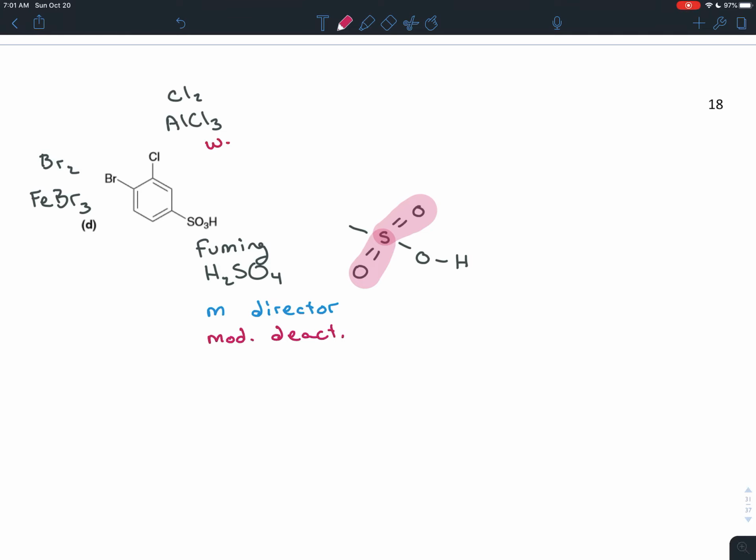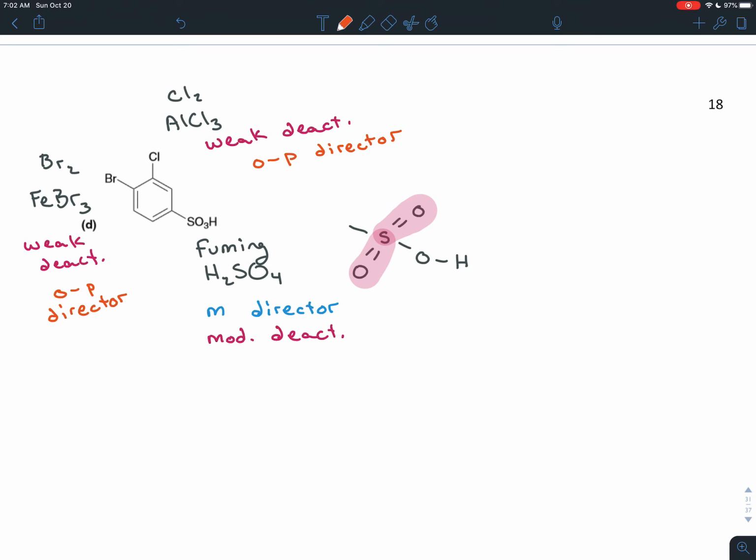The chlorine and the bromine are both weak deactivators, and they're both ortho-para directors. So the most activating things are the chlorine and the bromine. So once we have those on the ring, they will control the directing effects. So if we need anything added meta, we would have to add that meta director first.